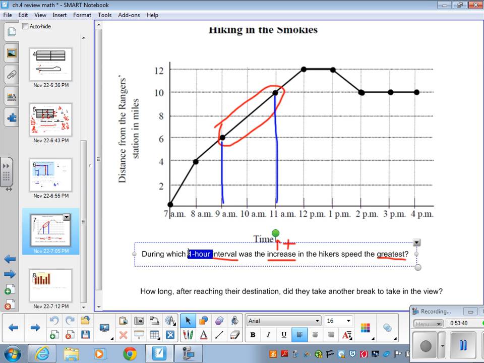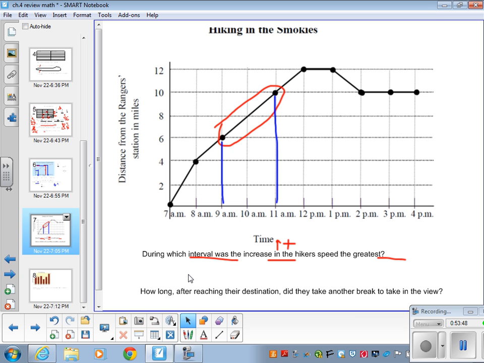So we can say which interval was the greatest. And the answer would be from 9 a.m. to 11 a.m. Alright.